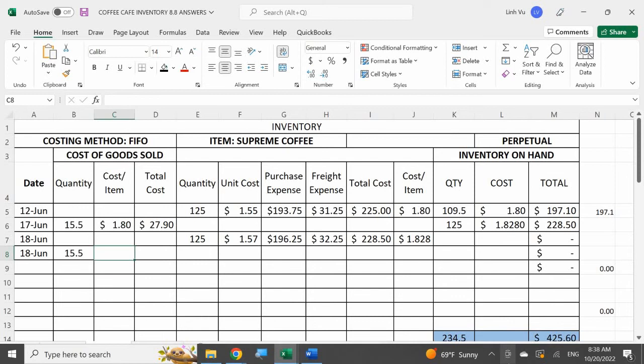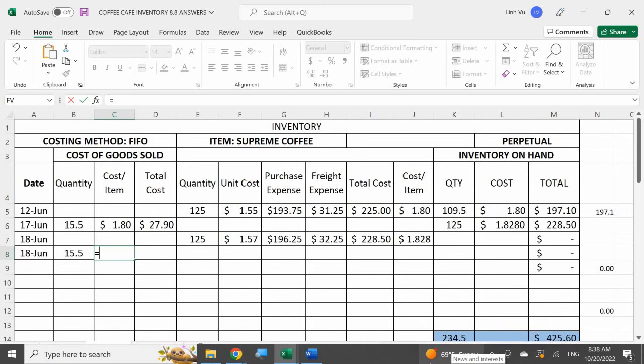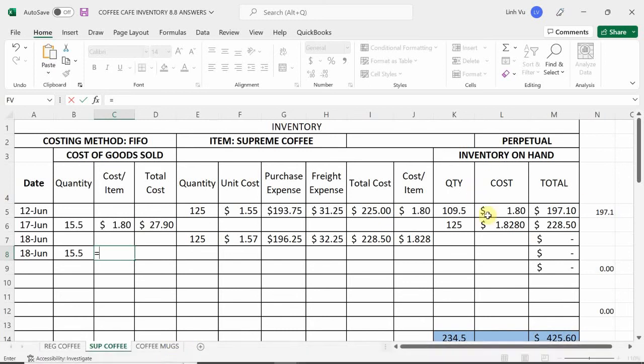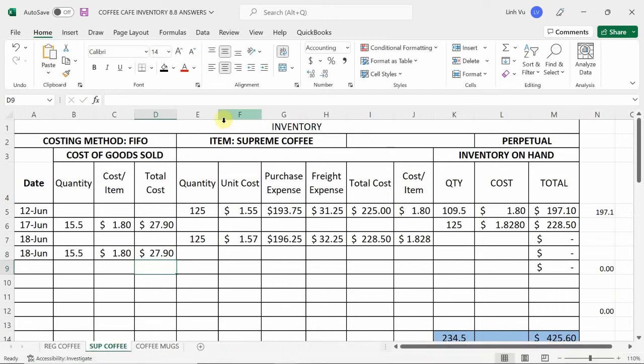So, what's my cost per item there? $1.80. Good. So, how much is my total cost of goods sold here? $27.90. So I'm going to update this one more time, right?